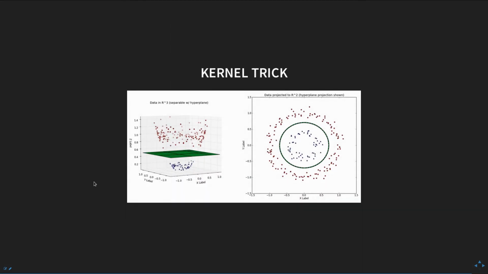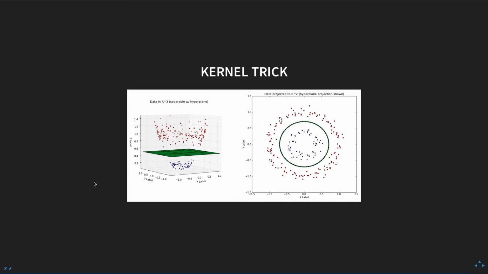So this kernel trick that I promised I would give a visualization of, this is it basically. We want to transform our space using a kernel method. Now a kernel method applies a certain mathematical function to the coordinates of our instances in a way that changes the shape of the space.